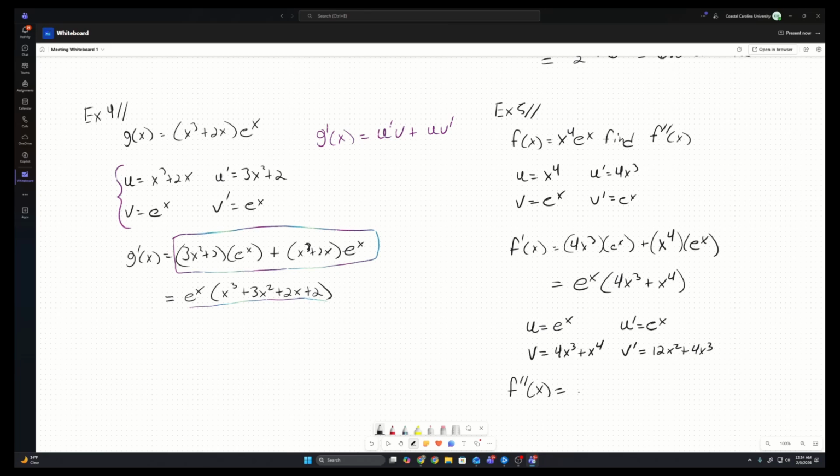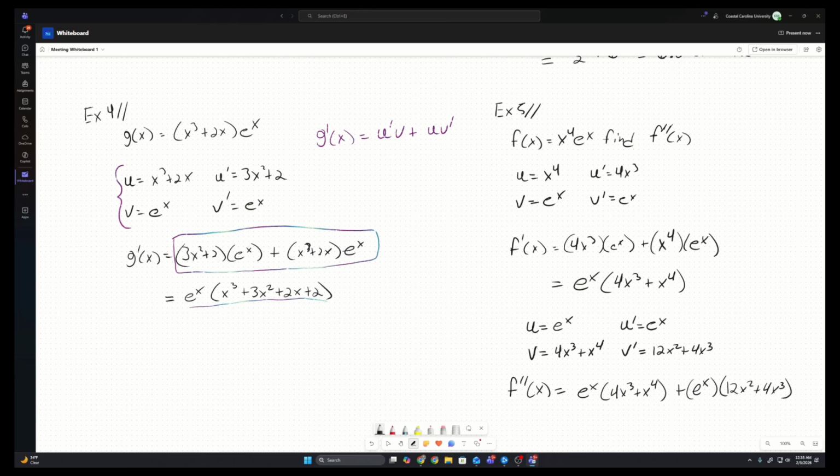So u prime is e to the x, v is 4x cubed plus x to the fourth, and then we do e to the x, because that's our u, times our v prime, which is 12x squared plus 4x cubed.